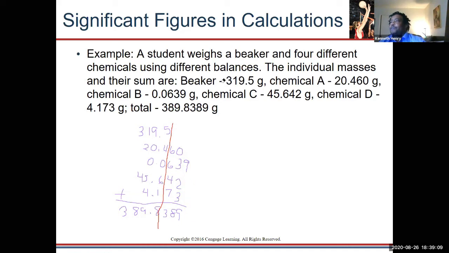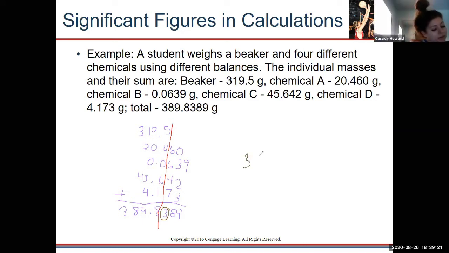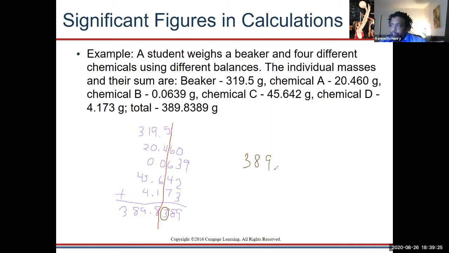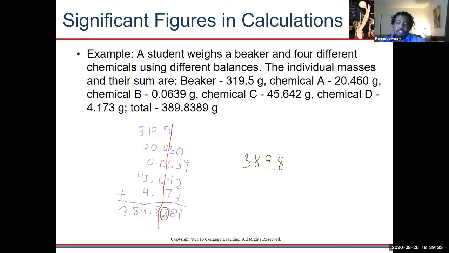Okay, so then my answer is going to be 389.8. Nope, not the zeros, because those numbers are unsure, right?